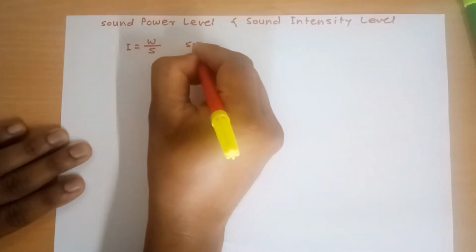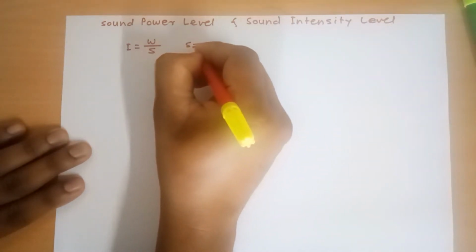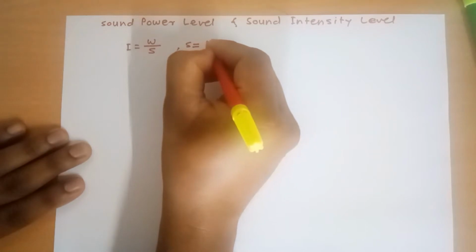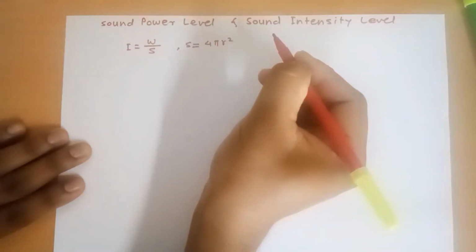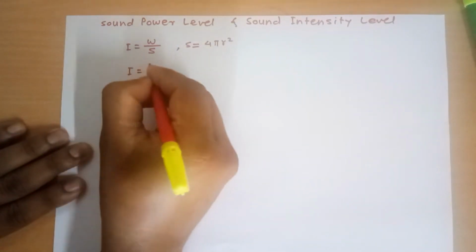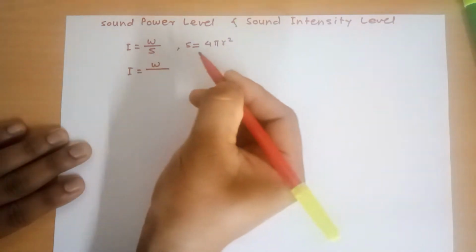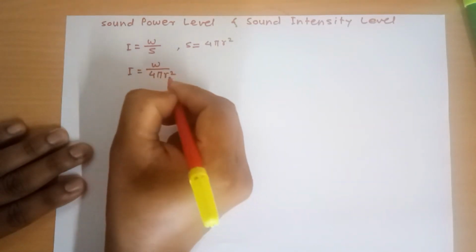So, the area of the spherical wave we have to consider. S is equal to 4 pi r square. So, this equation becomes I is equal to sound power divided by 4 pi r square.